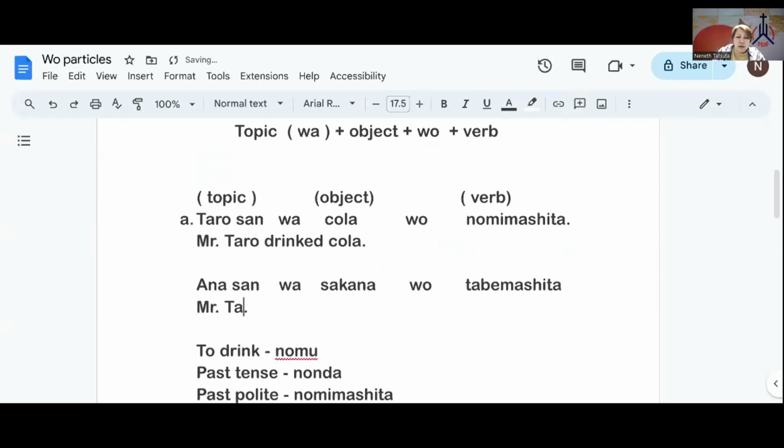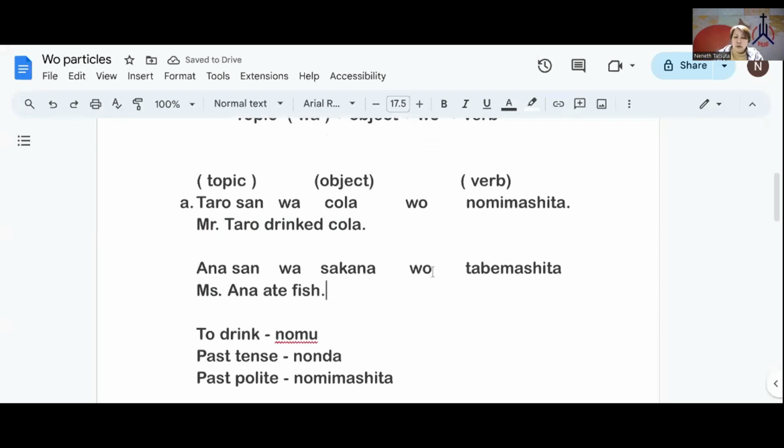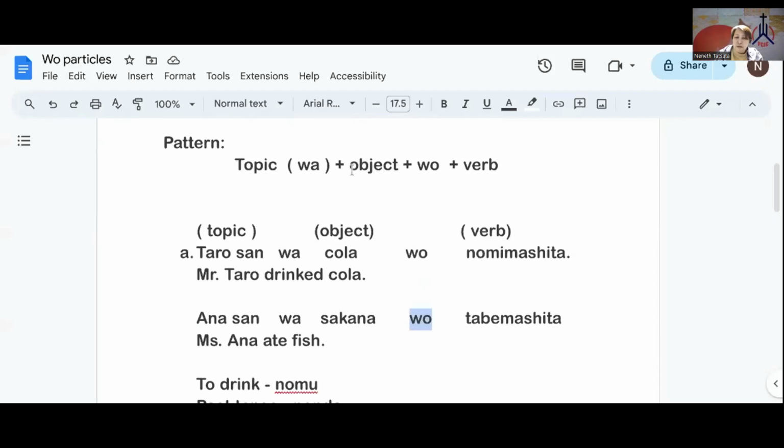So the important thing here is the o, because it distinguishes the object. And we have the pattern: after the object is your wo particle.